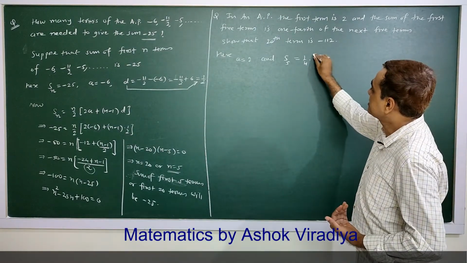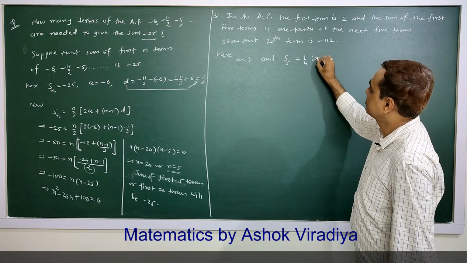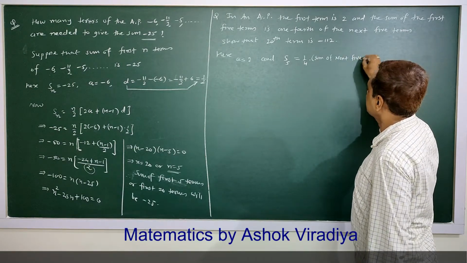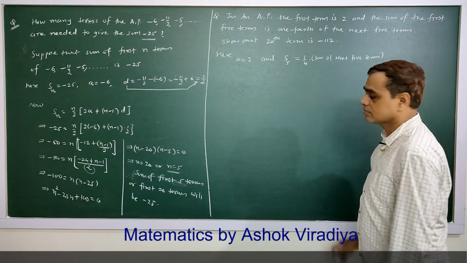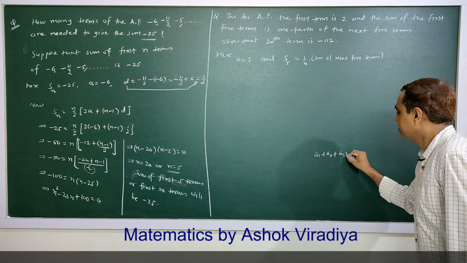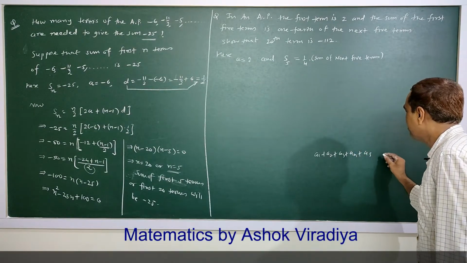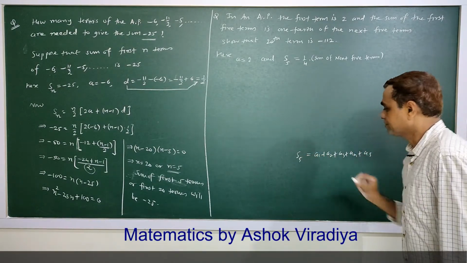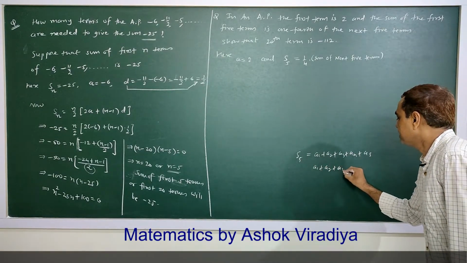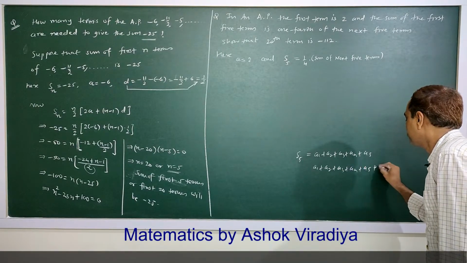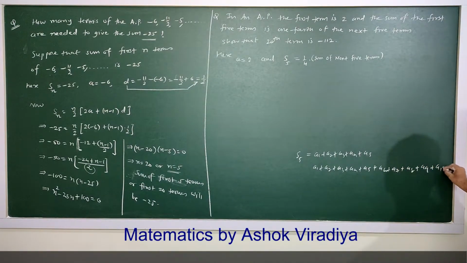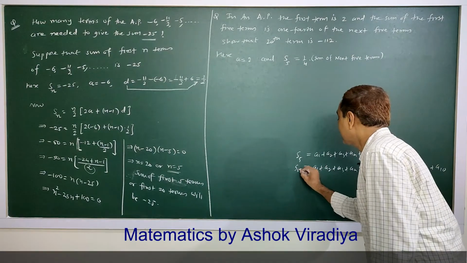Now how do we express the sum of the next 5 terms? Say a1 plus a2 plus a3 plus a4 plus a5 is the sum of 5 terms, and a1 plus a2 up to a10 is the sum of the first 10 terms.